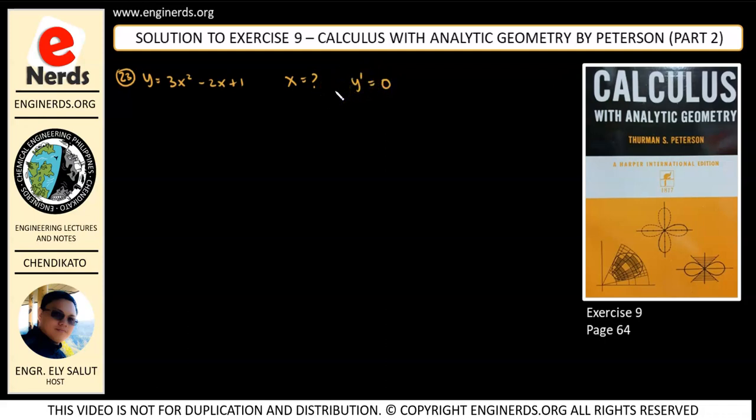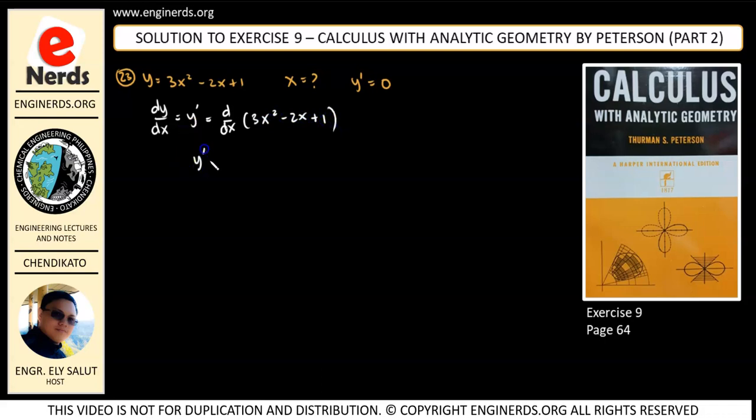So, ano yung magiging value ng x natin if y prime is equal to 0? So, first, kunin muna natin yung value ng y prime, no? So, we have dy over dx, which is also equal to y prime, and this is d over dx of 3x squared minus 2x plus 1.